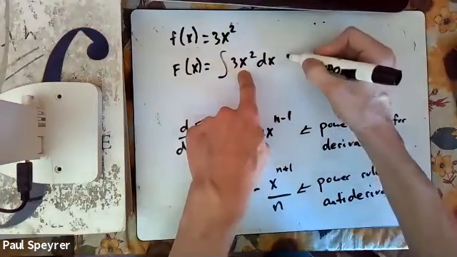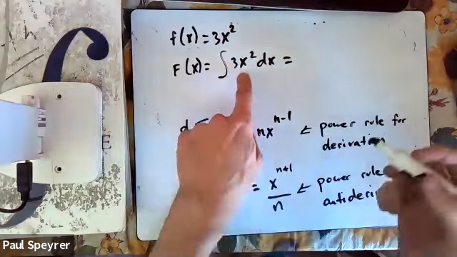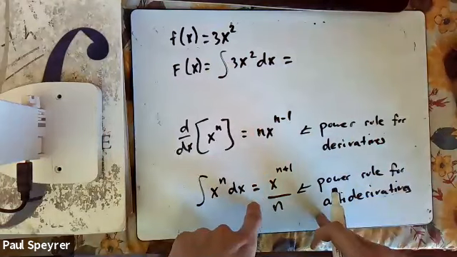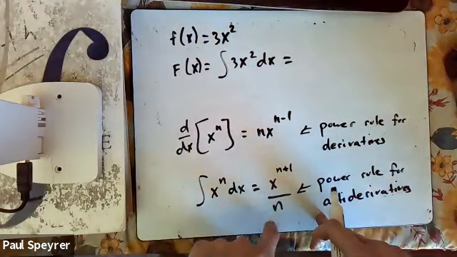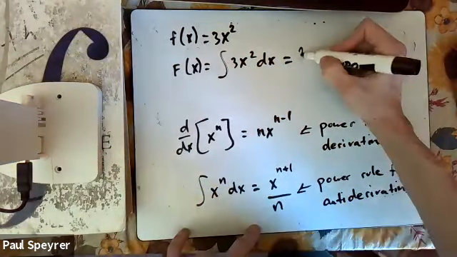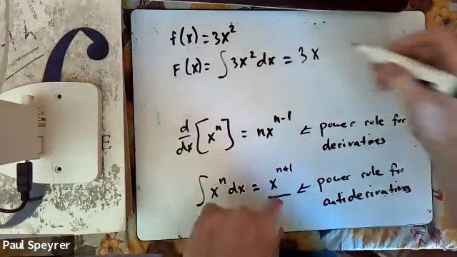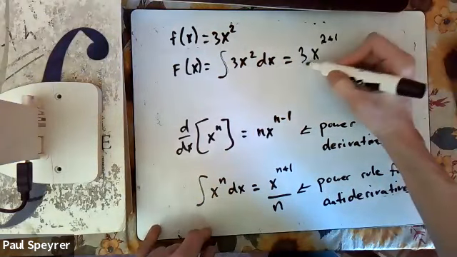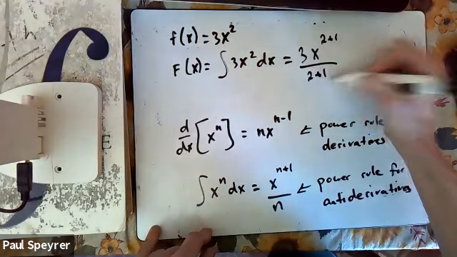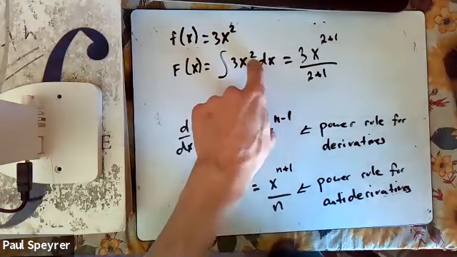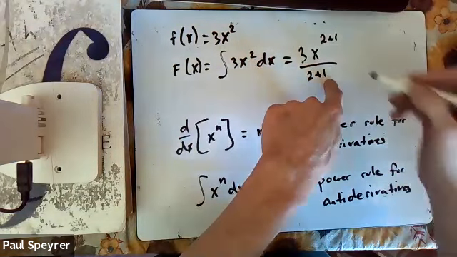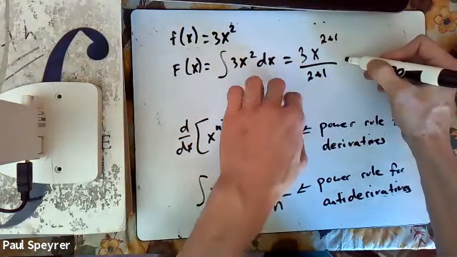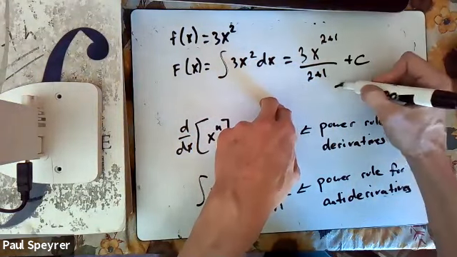So what do we have to do right here? It says x to the n plus 1 over n plus 1. So we have 3, and then x to the 2 plus 1 over 2 plus 1. Remember, whatever that exponent is, you drop it down there and you add 1. And then we have our plus c, but we keep going.